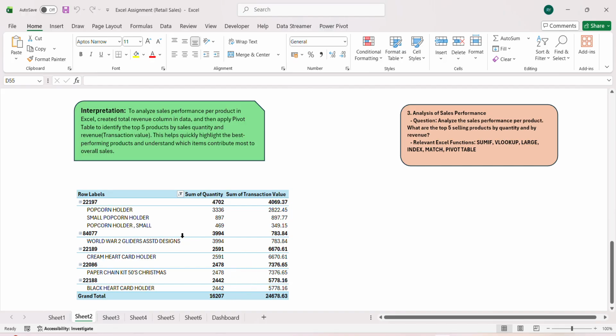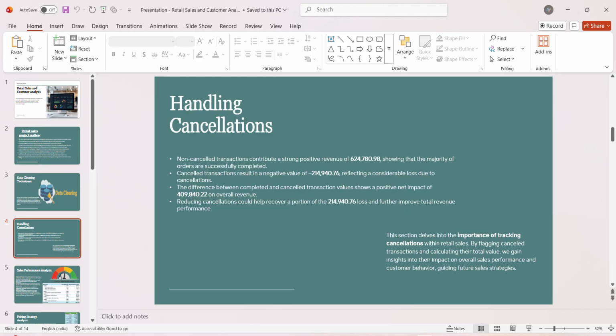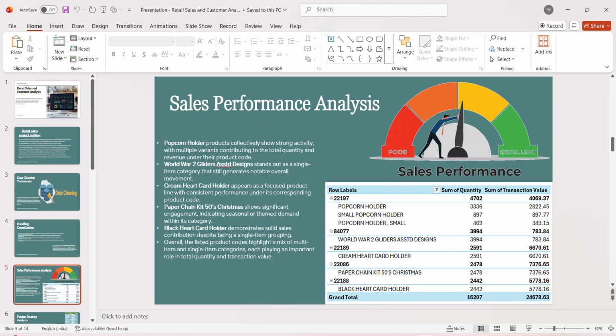As you can see here, we have the top 5 products: 22197, a popcorn holder, small popcorn holder, and popcorn holder small. Let's have a look at the insights.